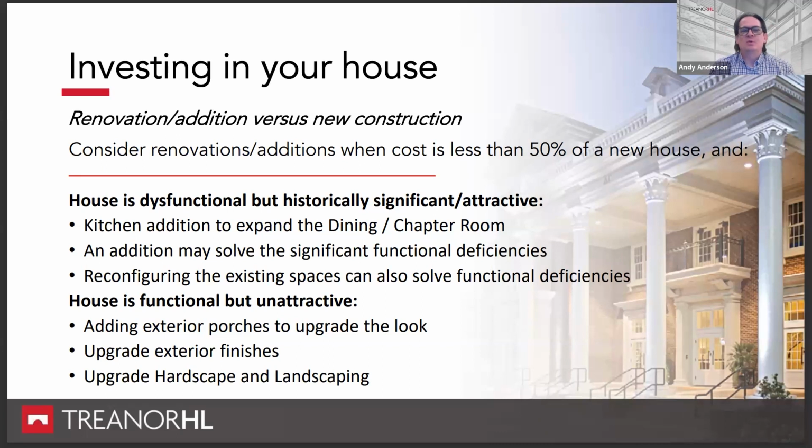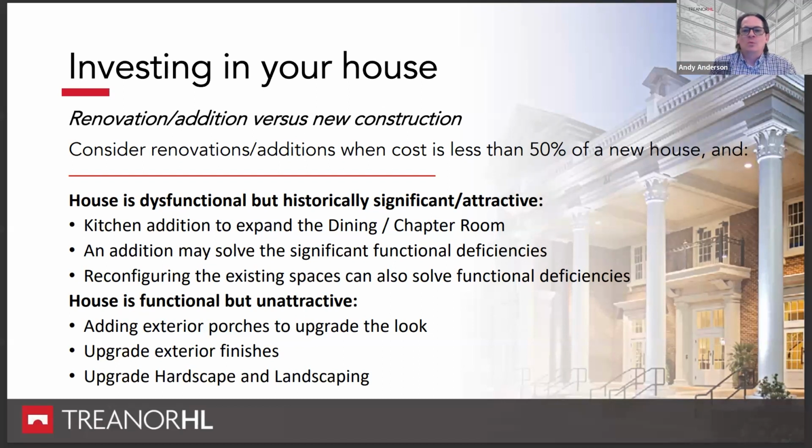There are two general categories of houses where we see renovations being desirable or necessary. The first is that the house is dysfunctional, meaning it doesn't have all the spaces, or they aren't the right size or configuration to meet the needs of the chapter. But the house itself is historically significant, especially on some of these campuses where they're in a historic district, and you really can't tear the house down, or you wouldn't want to, and it's very attractive.